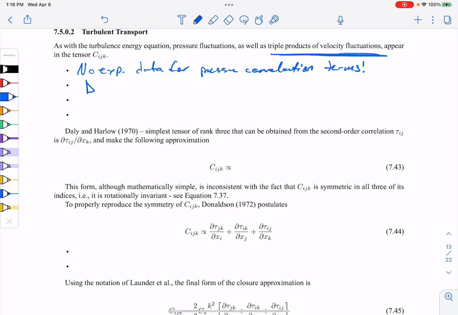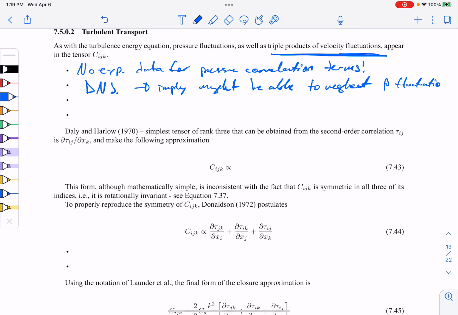Thankfully, we have direct numerical simulation, and DNS studies help guide us, and they imply we might be able to neglect the pressure fluctuations.